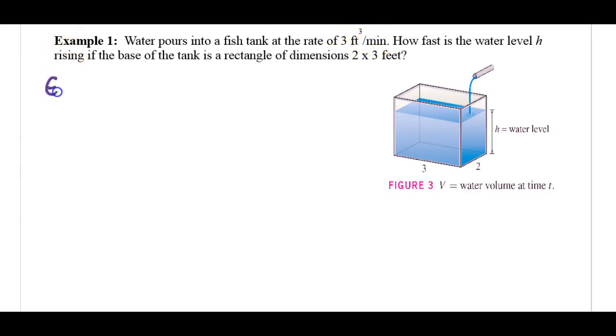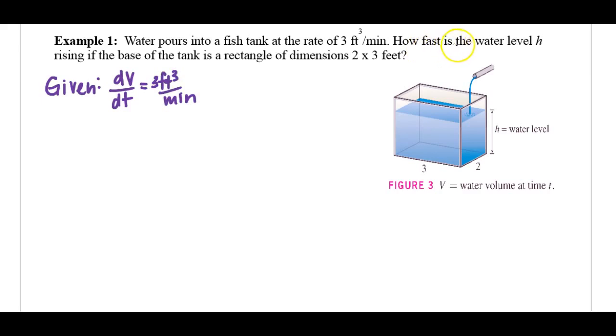So what we've been given here is dV/dt, the rate of change of the volume. Even though we weren't told the word volume, we would have to recognize that based on the units: feet cubed per minute. So the rate of change is 3 feet cubed per minute.